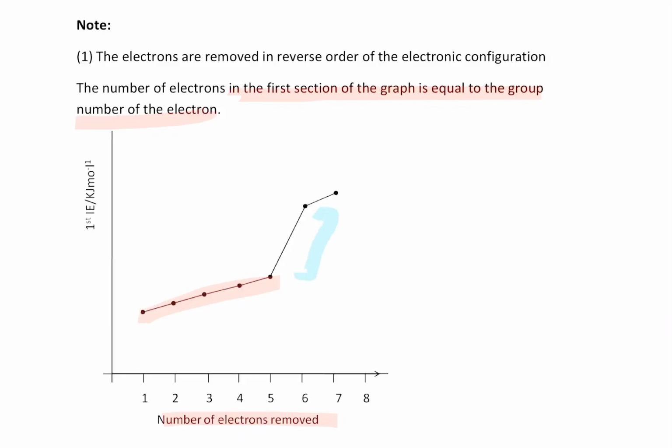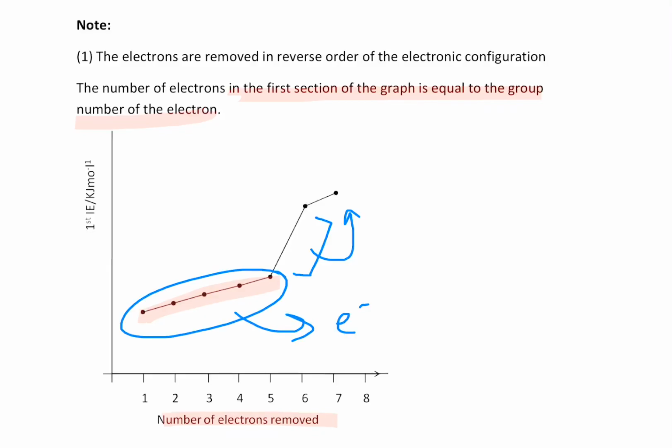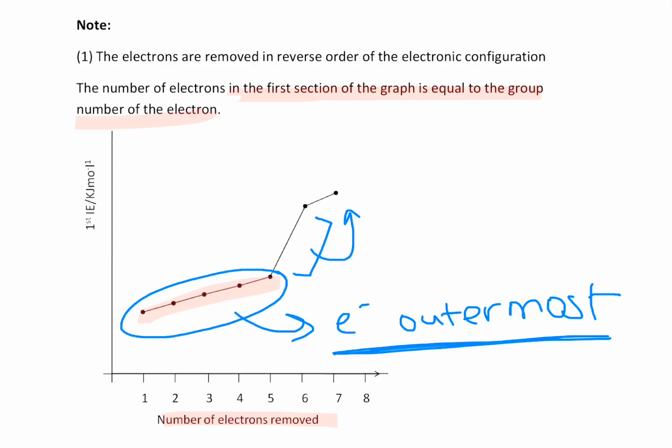So this is the big gap that is occurring, and this is what is indicating that we're moving to an inner shell. So whatever is in the first portion before the gap indicates electrons removed from the outermost level, and this is going to give you the group number.